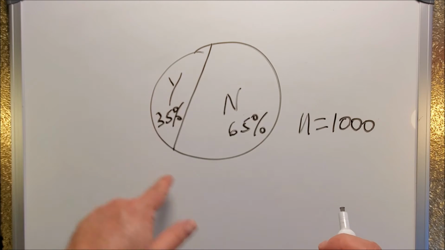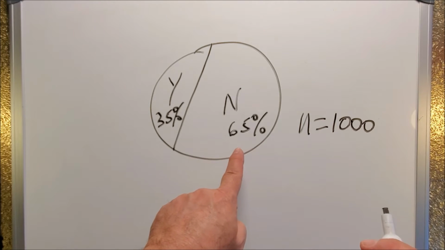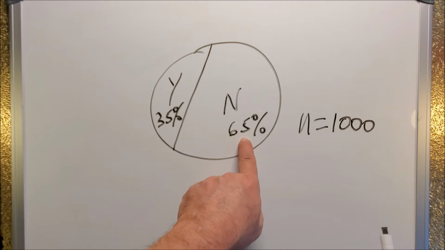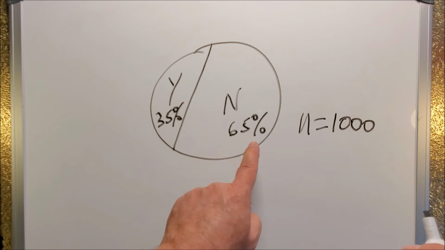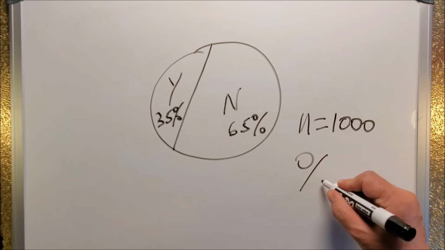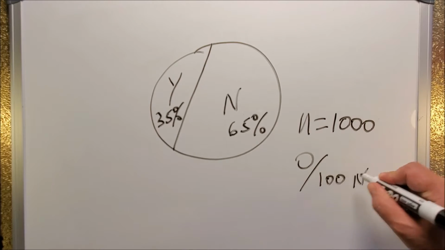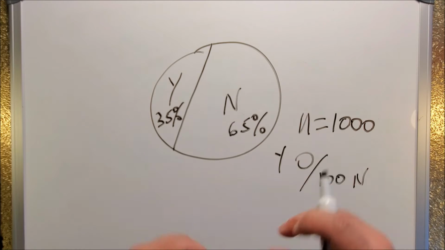We have 1 million people here, and we're taking samples of 1,000, so 650,000 people don't like the new movie. It stands to reason that we're going to get a bunch of samples which are like 0 yes, 100% no. Even though that's not the natural distribution of the overall population.